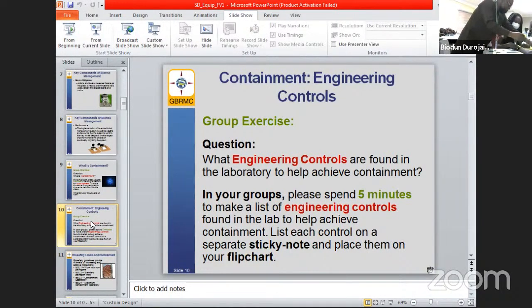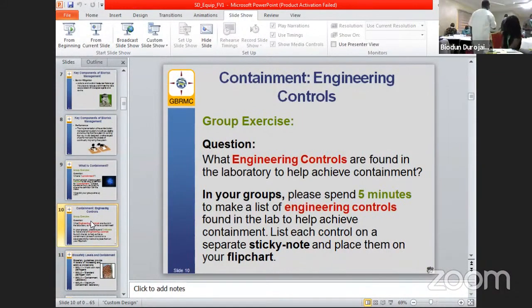No group writes again. We are starting from group 4, and then group 3, we follow, and then we go to group 1. Then we go to group 2, and then group 5. It doesn't have to be, so that somebody does not preempt what the facilitator is going to do.